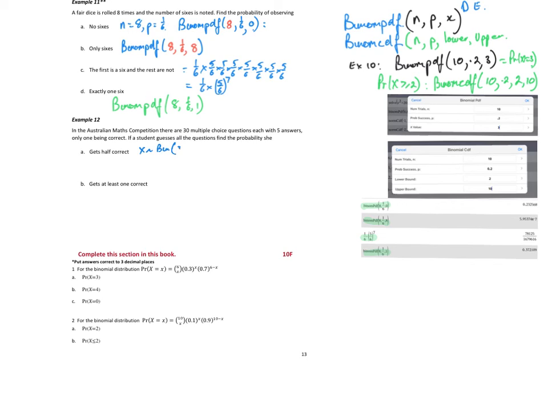We have 30 trials, and the probability of guessing one of them is 1/5, okay? So again, if I want to write out my rule, so we should be familiar with both, I'm going to have 30 trials and get half of them correct. So that means I've got 1/5 to the power of 15, and 4/5 to the power of 15, as I get 15 wrong as well, okay?